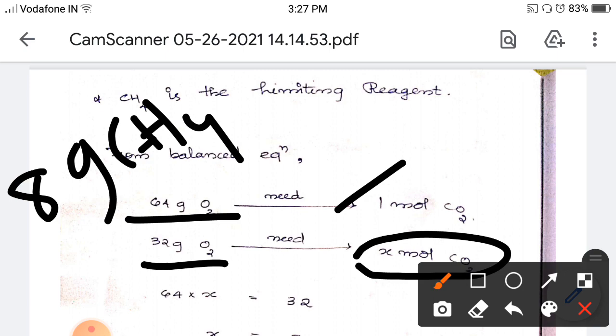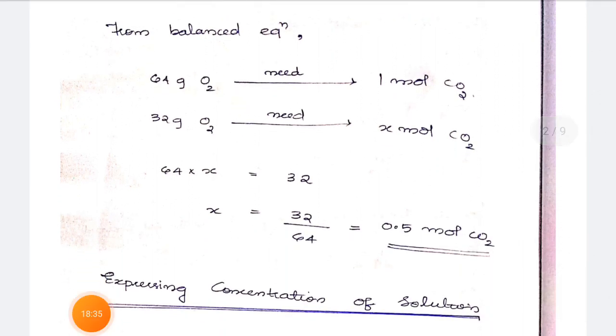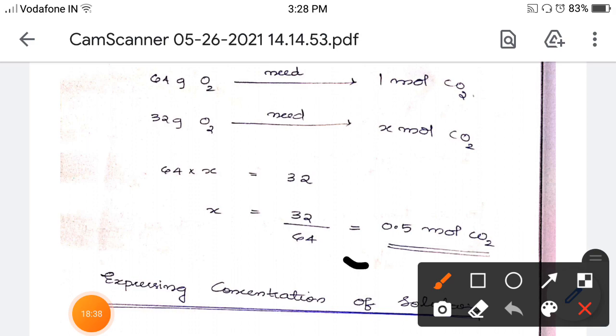From where did you get this 32? From just before, where we found that 32 gram oxygen is needed. Then just cross multiplication. From that we get the answer, that is 0.5 mole carbon dioxide.